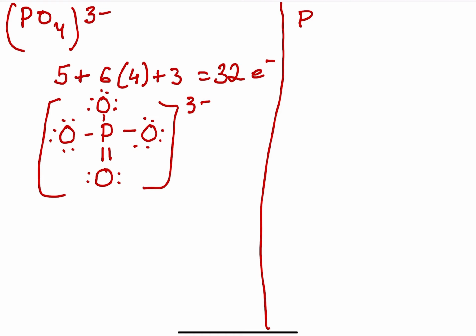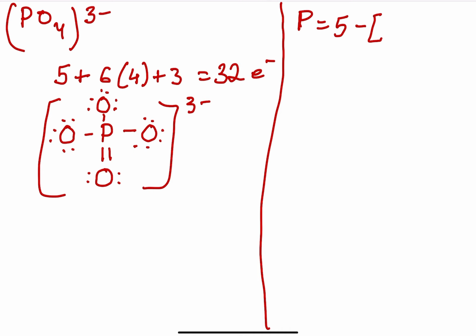So let's take phosphorus. The number of valence electrons in phosphorus is 5, minus the number of electrons in lone pairs.